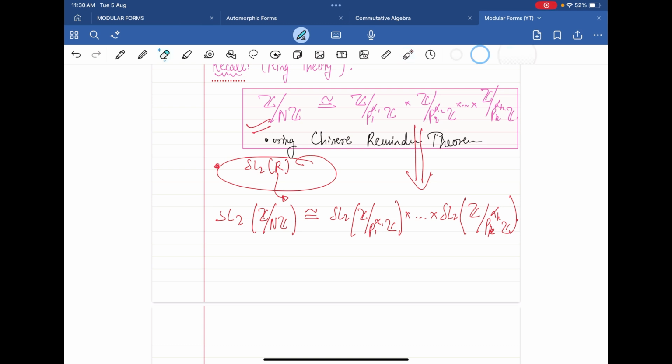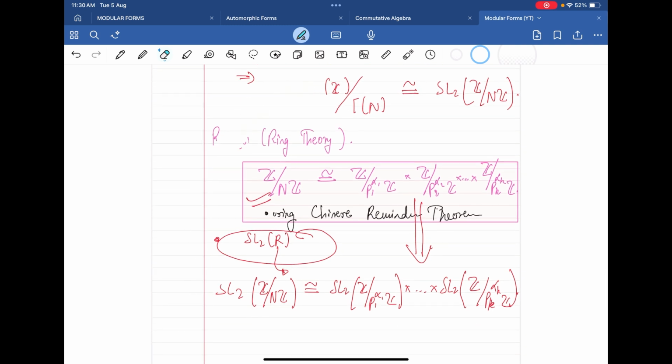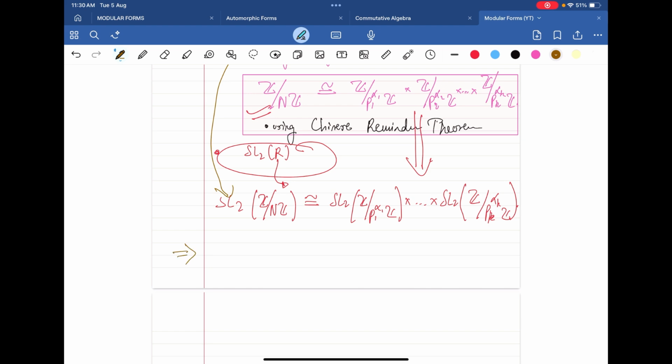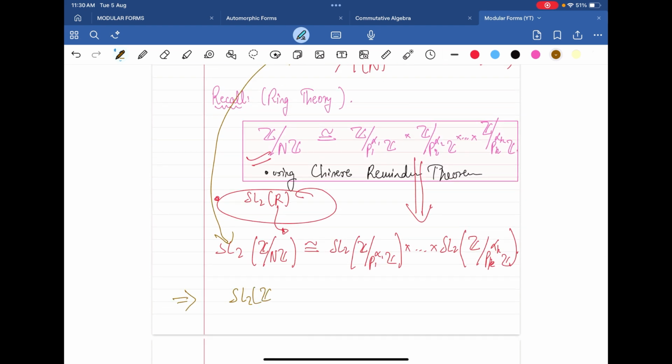So now we are very close to proving this theorem, or you can say the problem. Combining these two, we can state that SL2(Z/nZ) is isomorphic to this good looking group.